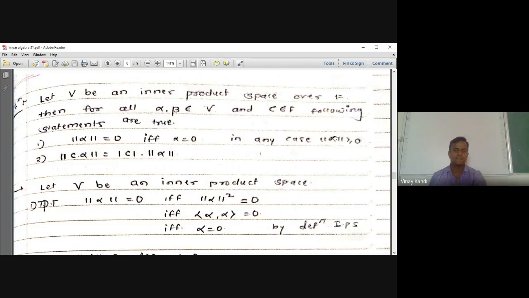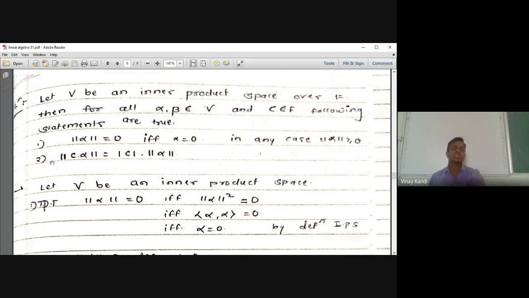In any case, norm of alpha is always greater than or equal to 0. It means that the length of the vector is never negative; it is always non-negative. So if the length of the vector is 0, then that vector must be the zero vector of that inner product space, and conversely.